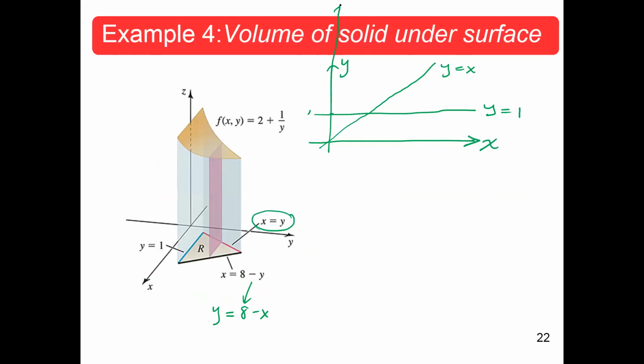Which has y-intercept at 8. Okay. And the slope will be -1. So it should go like this. This is y equals 8 minus x. So these three lines intersect and you would get a region R. Here is a region R.